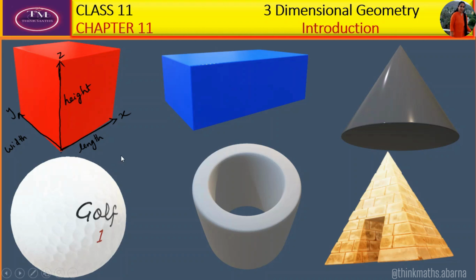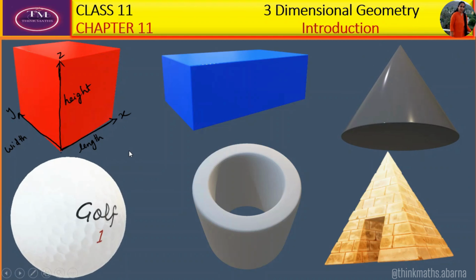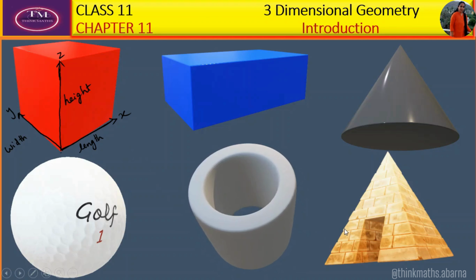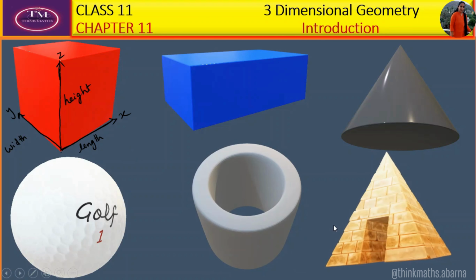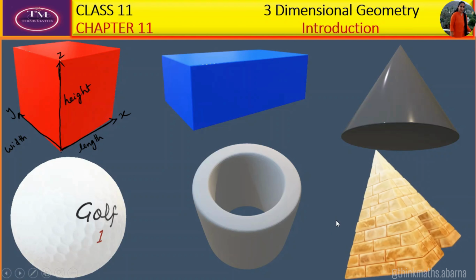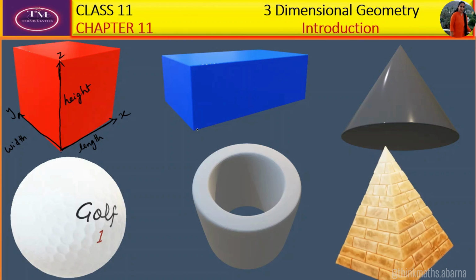Examples of these shapes are a cube, a cuboid, a cone, a sphere, a cylinder and a pyramid. These are all examples of three-dimensional system. In this you can find length.